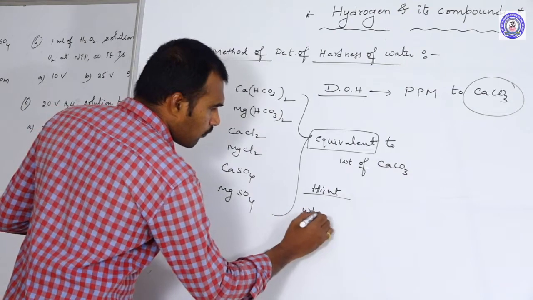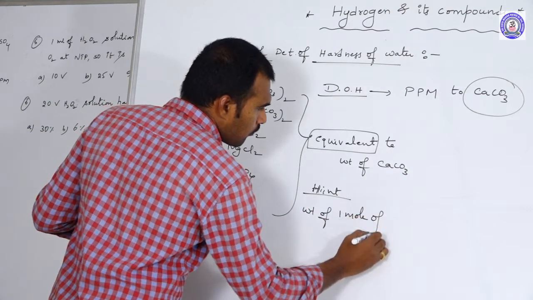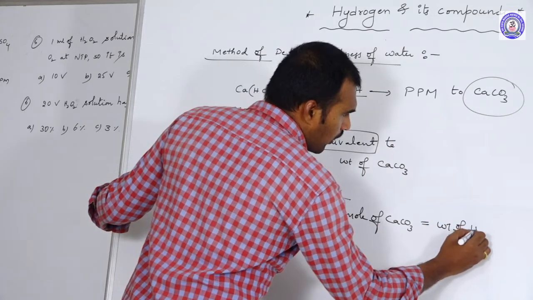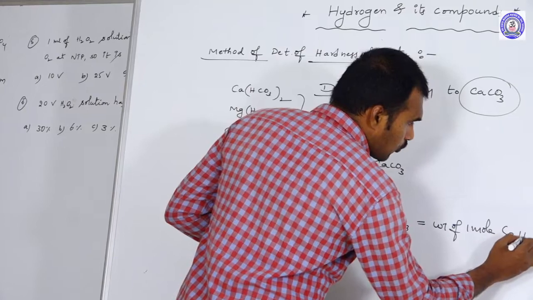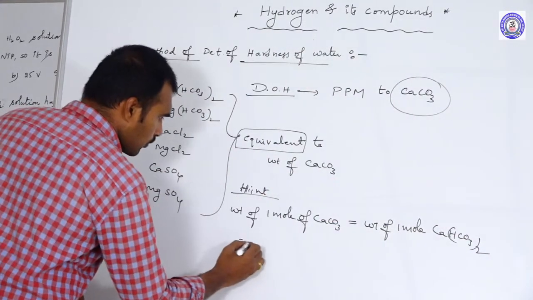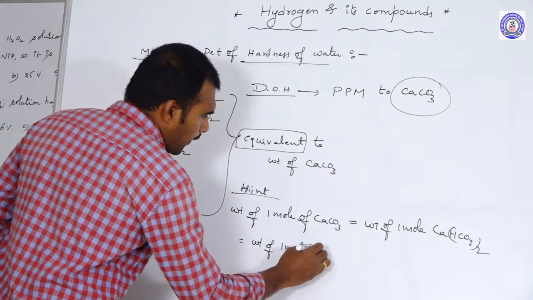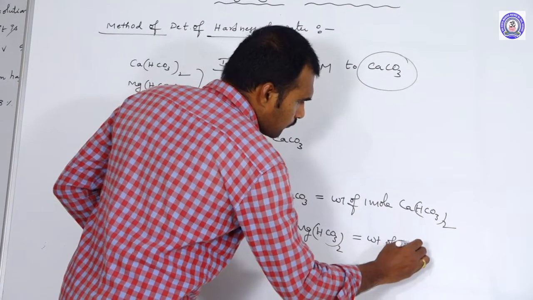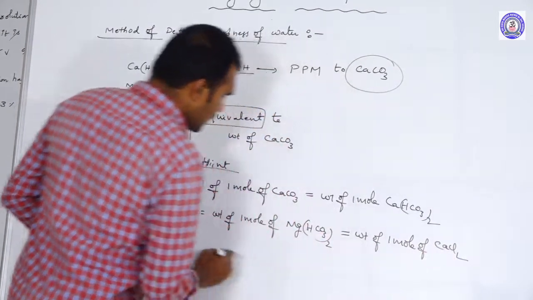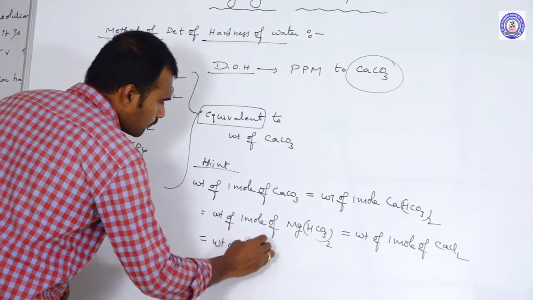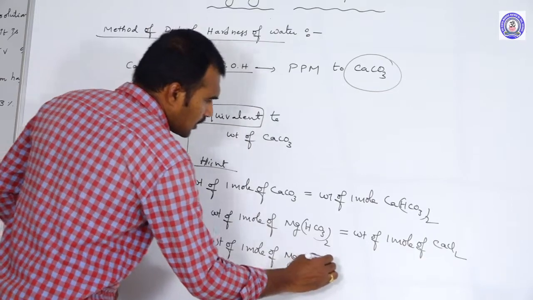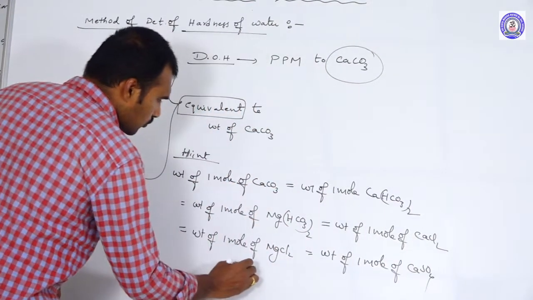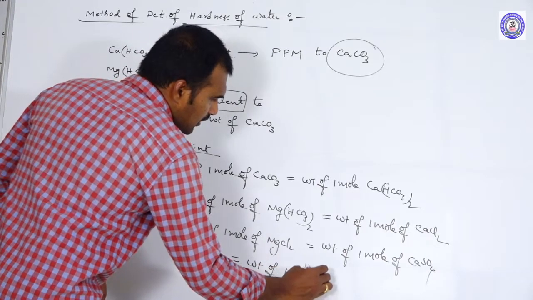Remember that the weight of 1 mole of CaCO3 is equal to the weight of 1 mole of Ca(HCO3)2, that is equal to the weight of 1 mole of magnesium bicarbonate, that is equal to the weight of 1 mole of calcium chloride, that is equal to the weight of 1 mole of magnesium chloride, that is equal to the weight of 1 mole of calcium sulfate, that is equal to the weight of 1 mole of magnesium sulfate.